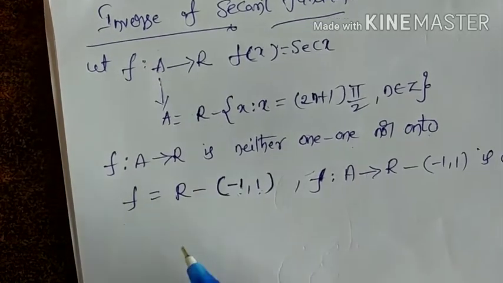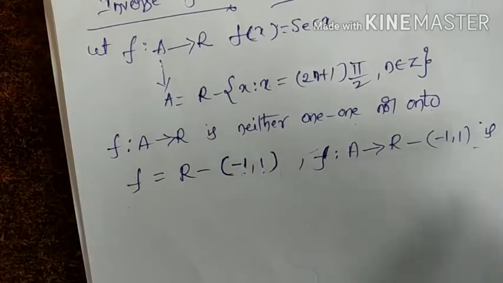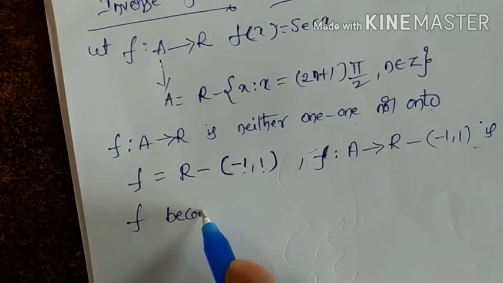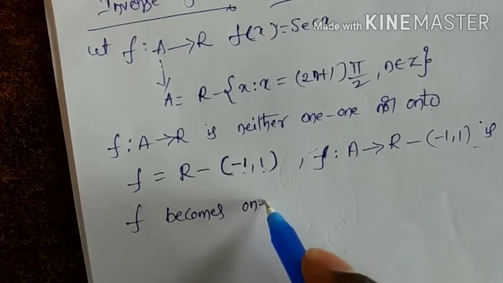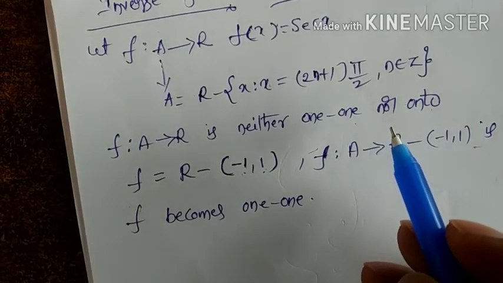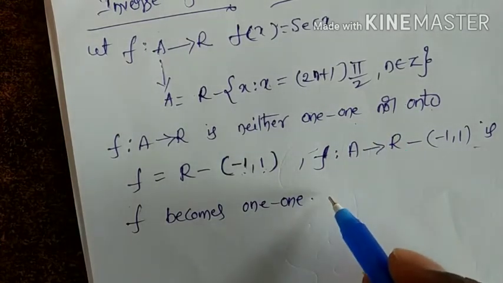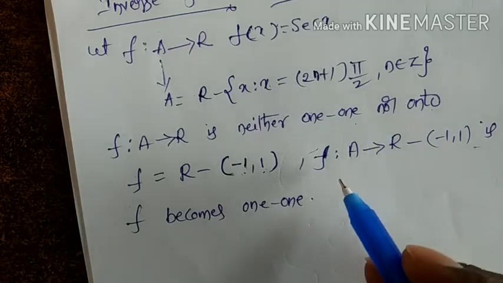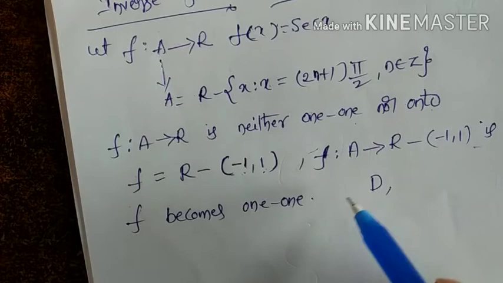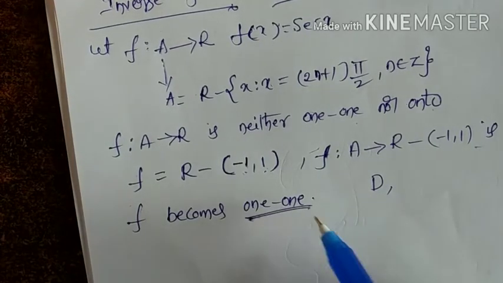When it is onto, f can also become one-one, when we restrict its domain to certain intervals D, so then only it will satisfy the one-one condition.